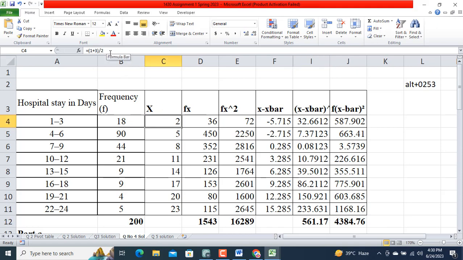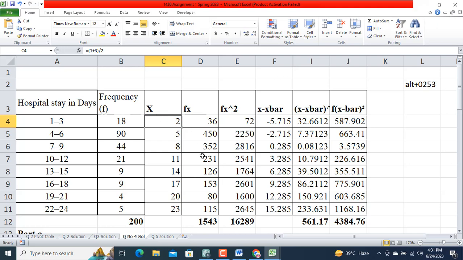Because there are two values in the group, we divide by 2. The same formula I am going to apply on each interval or class, so I will get the corresponding value of x here. In the next column I am going to multiply the frequency with the x values.